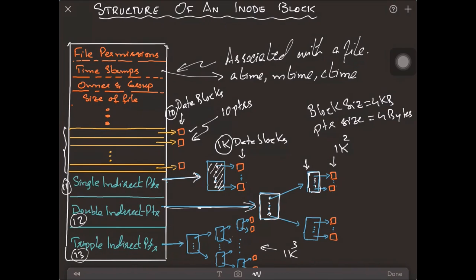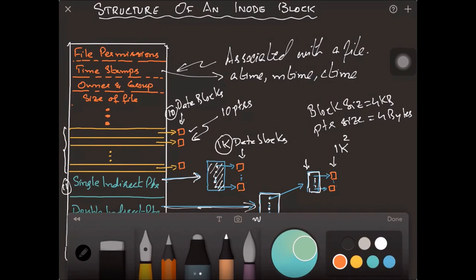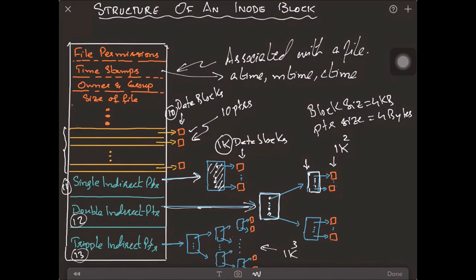So if you want me to calculate the max file size supported with this architecture, I will take red color and I will say that 10 direct pointer blocks plus 1024 data blocks pointed to by the single indirect pointer plus 1024 square pointed to by the double indirect plus 1024 cube pointed to by the triple indirect pointer.